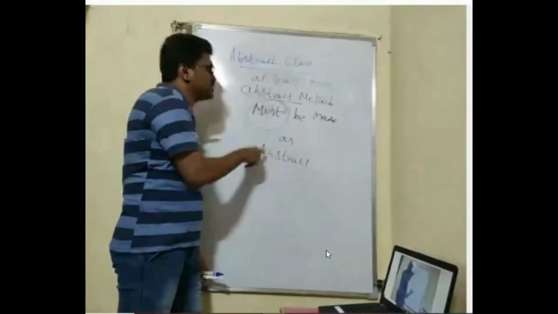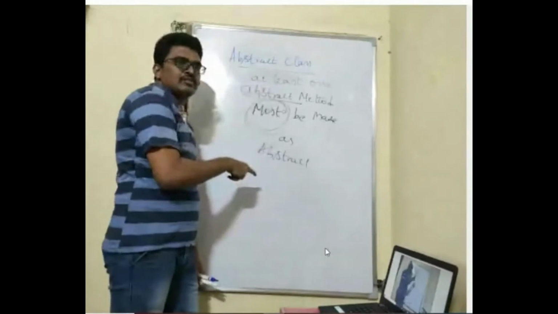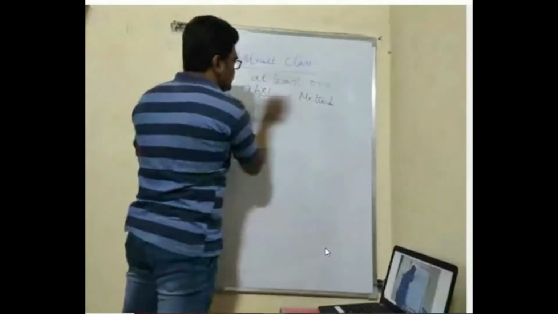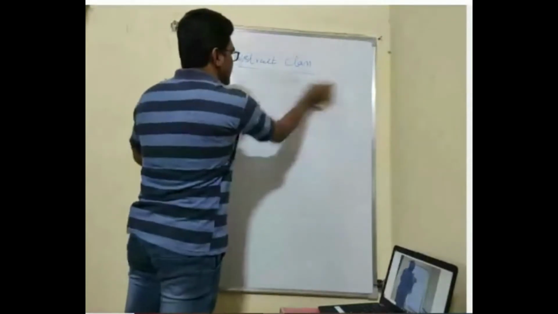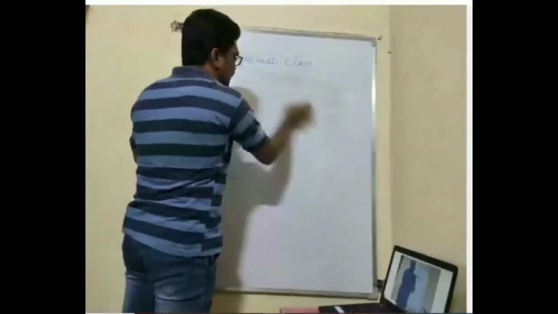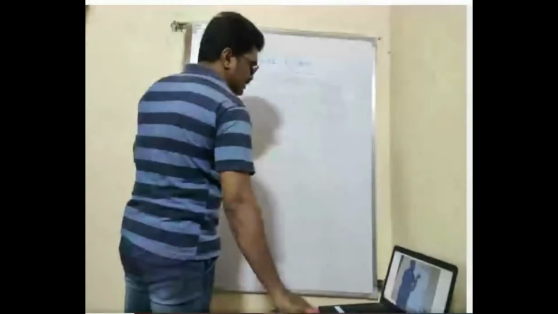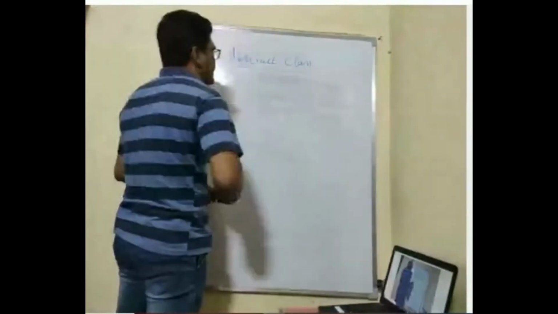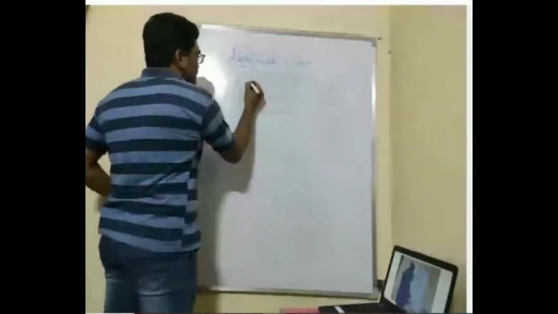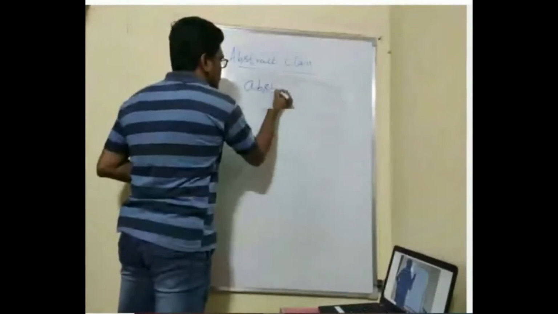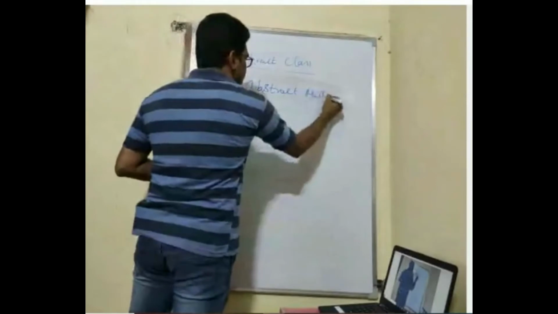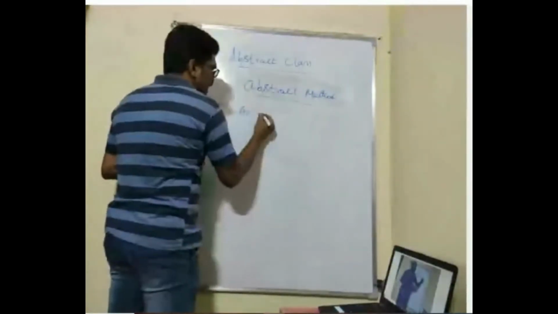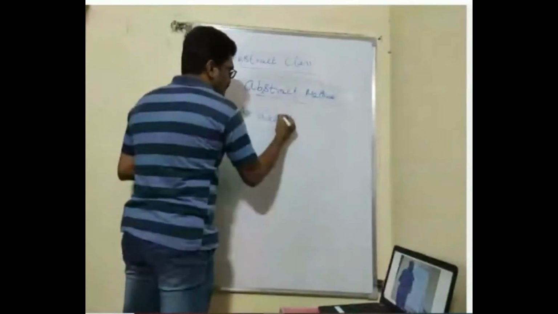So what is this abstract method? I hope the definition is fine. A class that contains at least one abstract method must be made as an abstract class. Now we'll see what an abstract method is. An abstract method is one which is not defined.